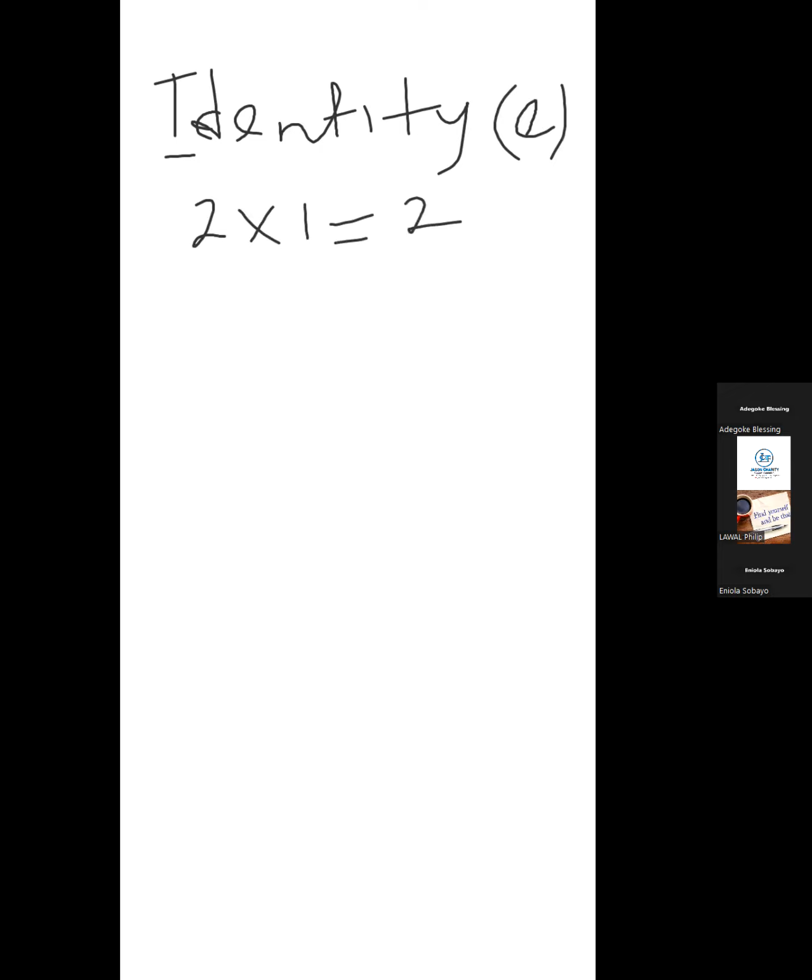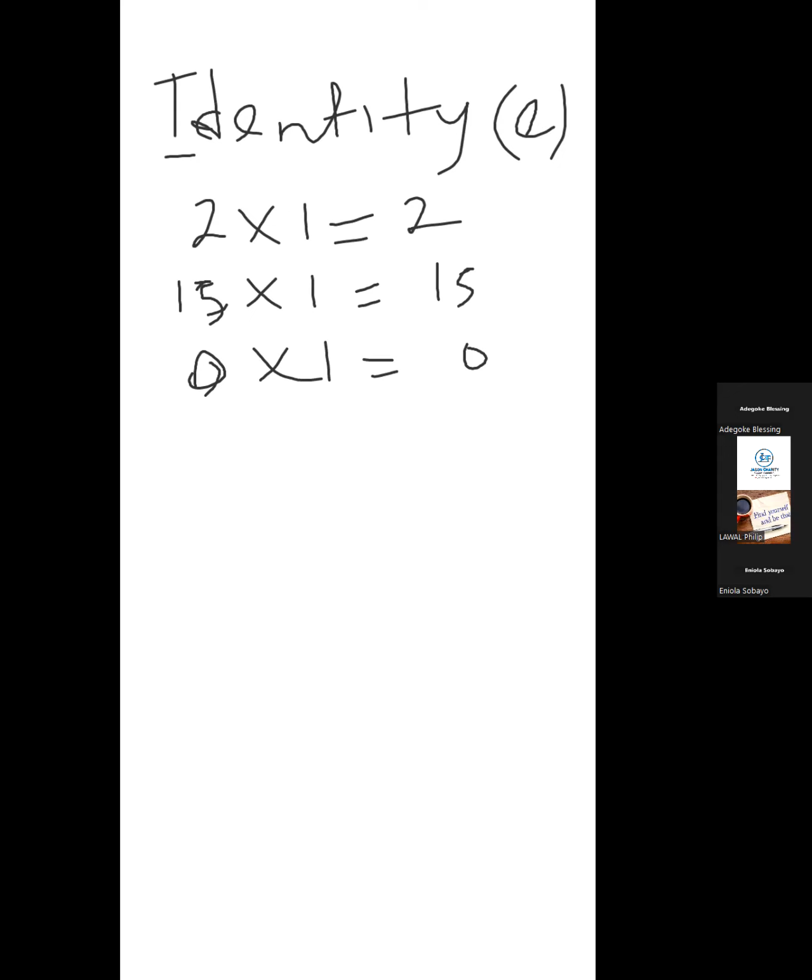If I say 15 times 1, I will still get 15. So 1 is my identity element. Funny enough, even if you say 0 times 1, do you know you get 0 back? So that makes 1 a universal identity under multiplication. So anything you operate on 1, you always get that number. So 1 is an identity.